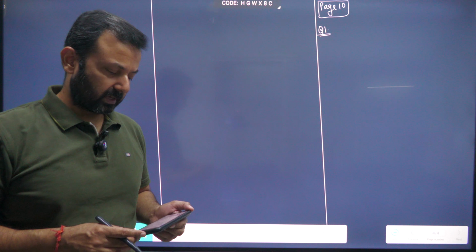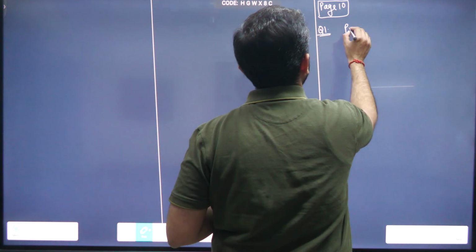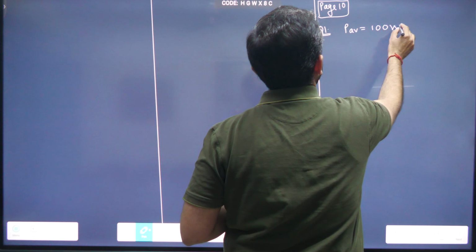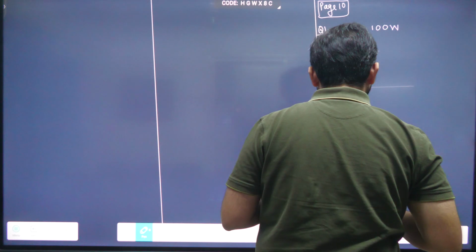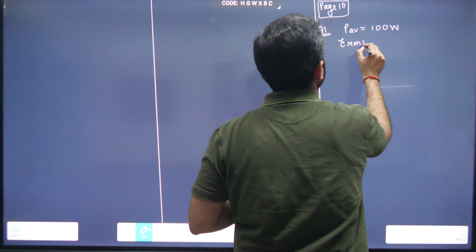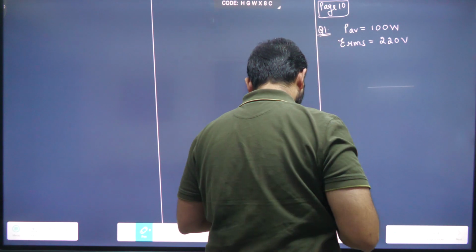So a light bulb is rated at 100 watt. It means that P average is equal to 100 watt. For a 220 volt supply, 220 volt supply means ERMS is equal to 220 volt.